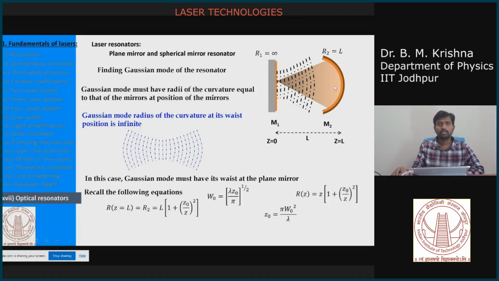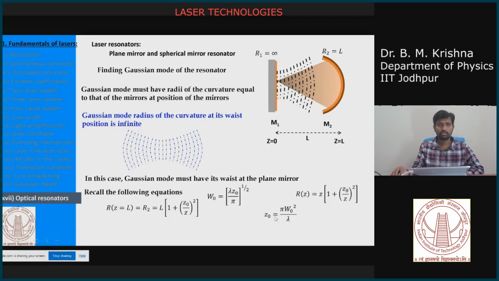To measure that, I will take R of z at position z equals L, and substitute in this formula. So z equals L means your R2 equals L into (1 plus (z naught by L) whole square). Now from this equation we can get z naught.